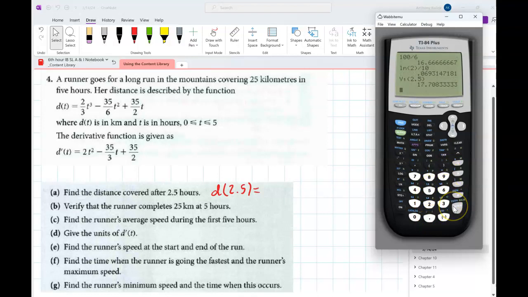So it looks like about 17.7 kilometers covered.